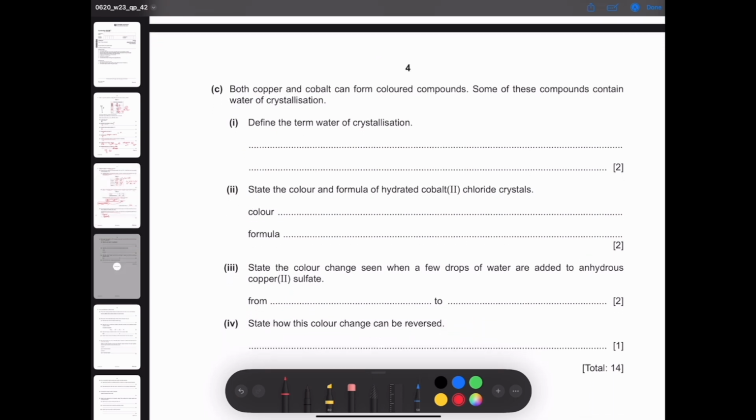Part C. Define the term water of crystallization. So you can simply mention that when water molecules are present with salt structure, water molecules are present in hydrated form.